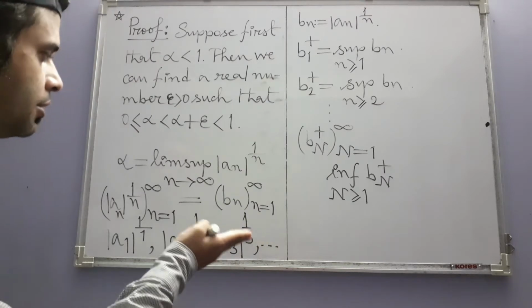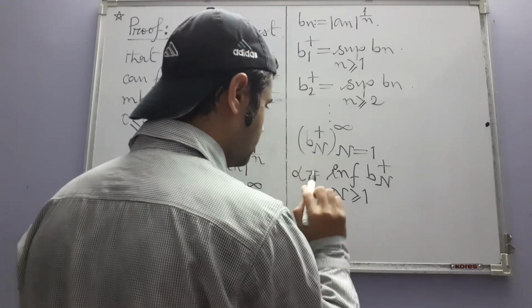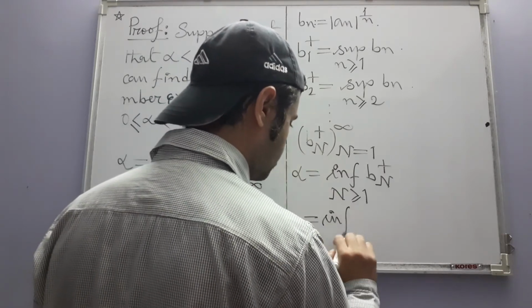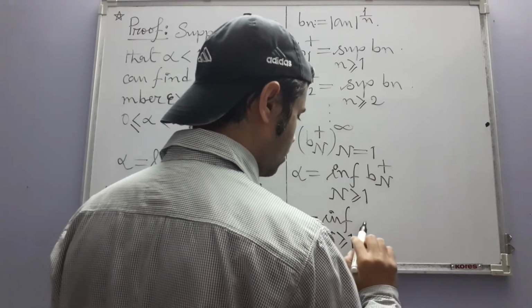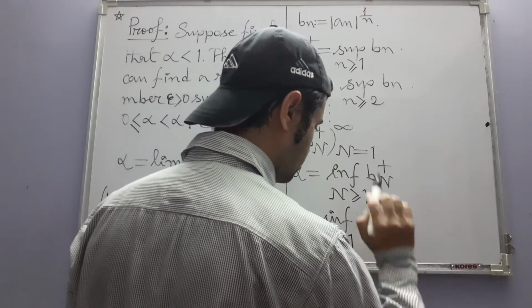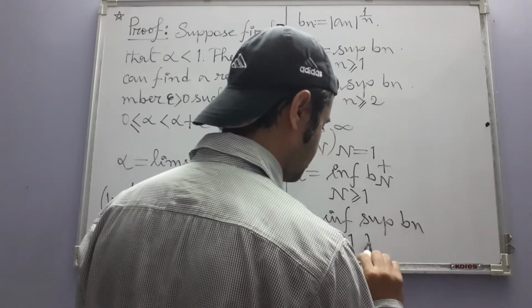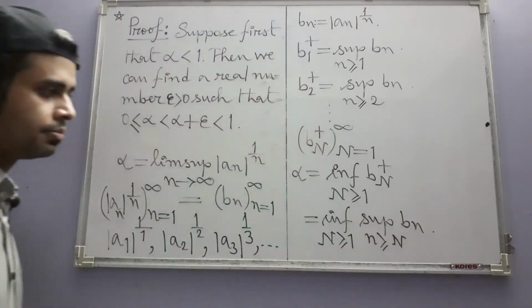This by definition is alpha, limit superior. That means this is the infimum of the suprema of your original Bn where n is starting from n.